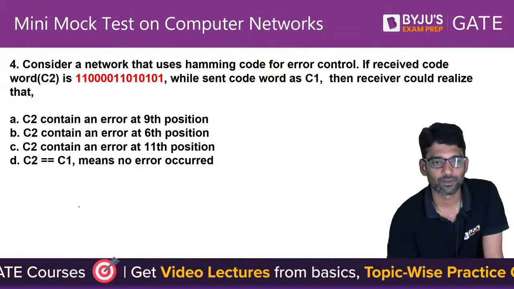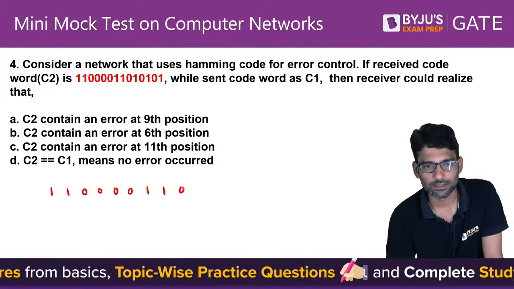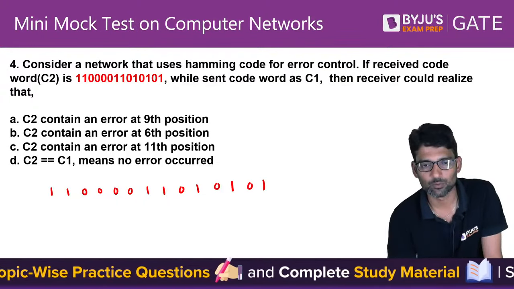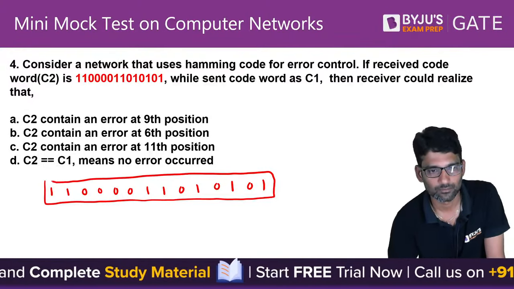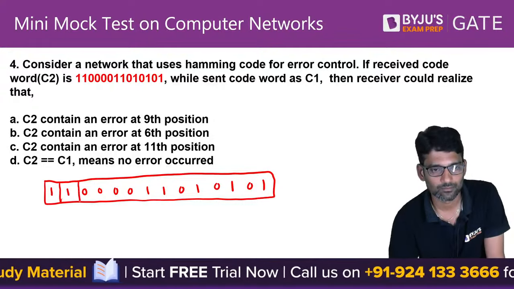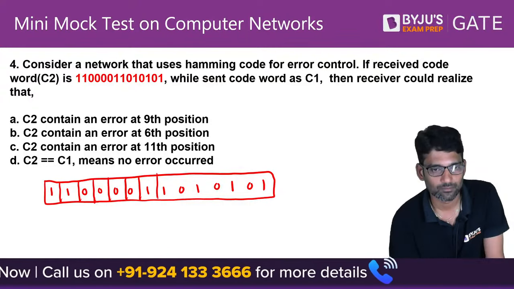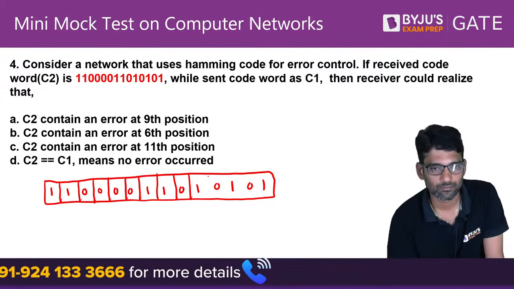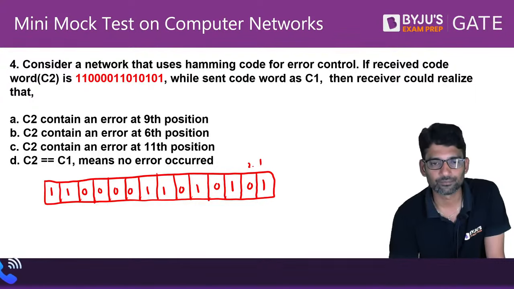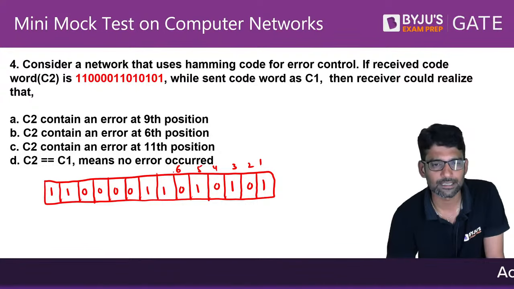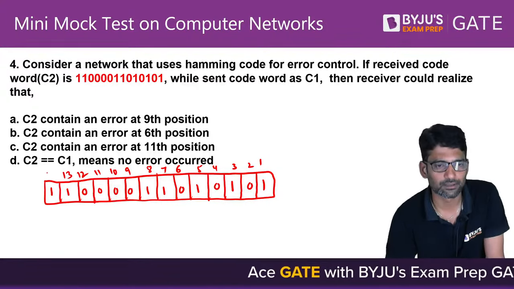Let's solve it. So we are given 1 1 0 0 0 0 1 1 0 1 0 1 0 1. Now I am writing the positions 1 2 3 4 5 6 7 8 9 10 11 12 13 14.